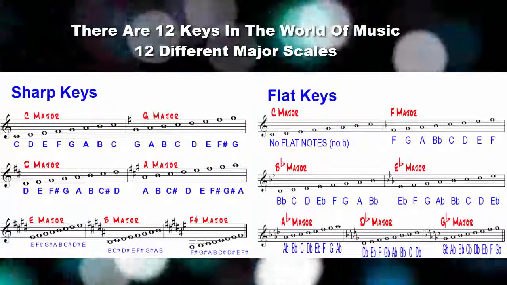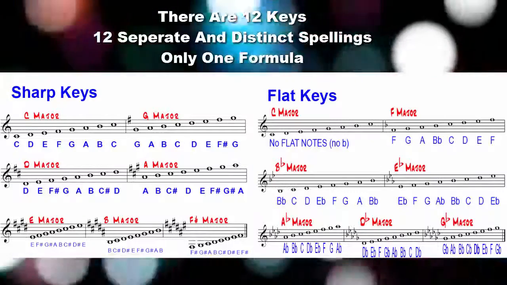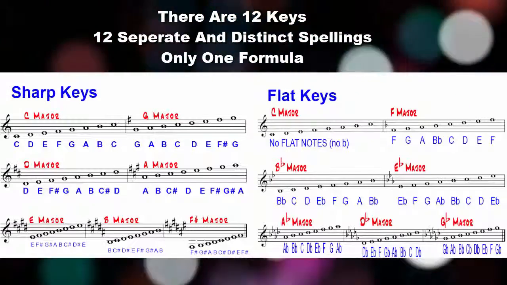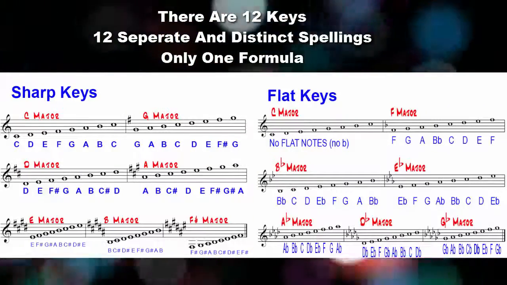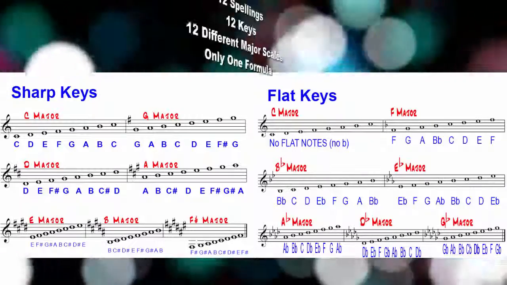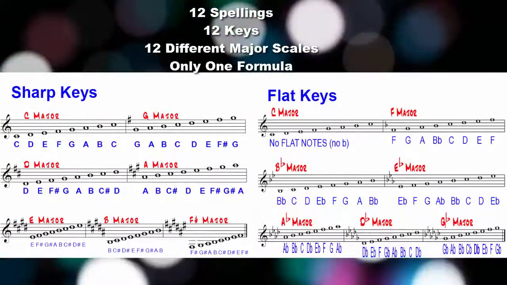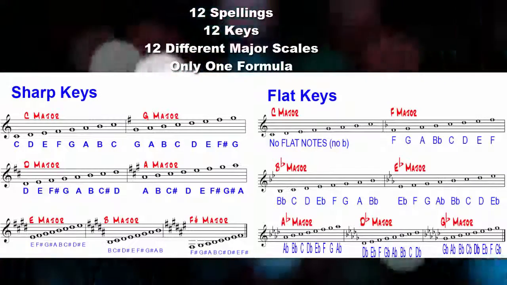Those 12 separate and distinct major scales have 12 separate and distinct spellings, all requiring various amounts of flats and sharps, but all using the same formula. 12 spellings, 12 keys, 12 different major scales, one formula.